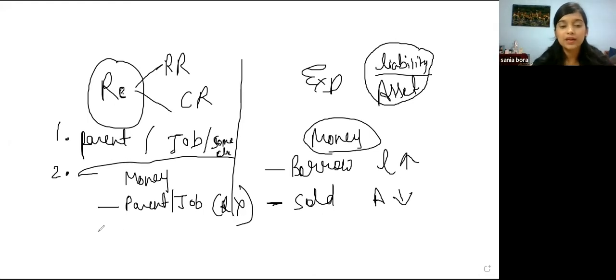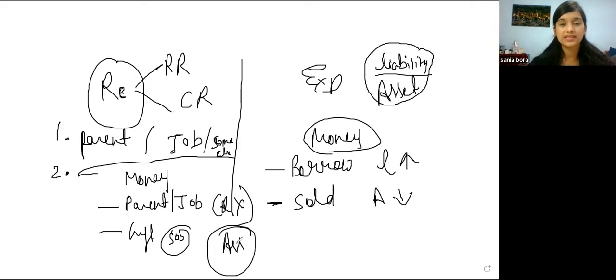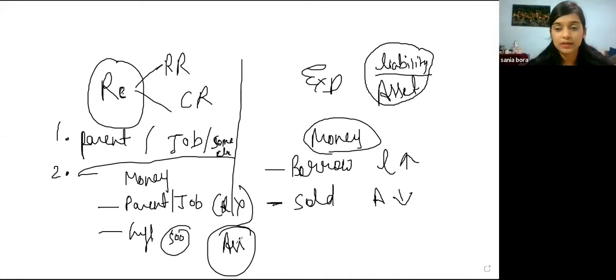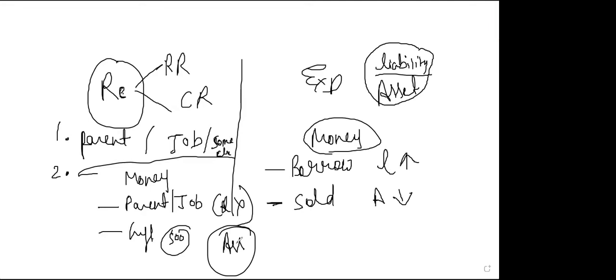Similarly, for example, you got a gift voucher of 500 rupees, getting money. But here also you didn't sell anything, so your assets are also not affected, right? So there are two scenarios. In one scenario, your liabilities and assets will be affected, but in the other scenario, your liabilities and assets won't be affected. Clear? Yes, ma'am. Mahdi, Halima, Sana, getting it? Yes, ma'am. Okay.